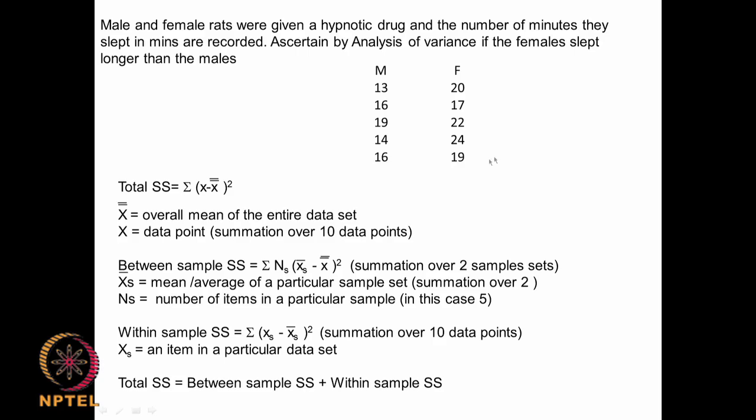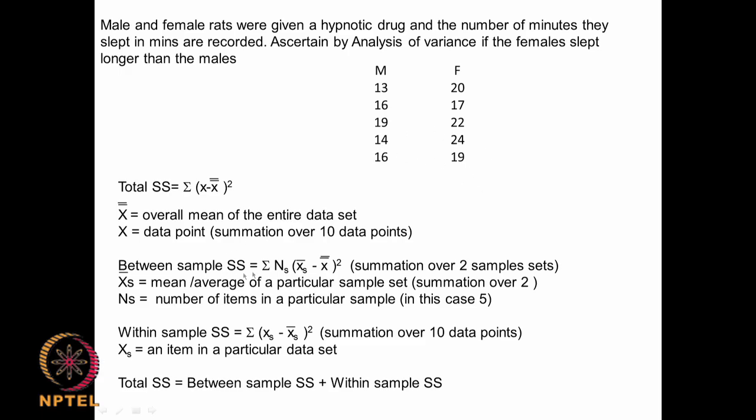X double bar is the global mean. So we will say 13 minus global mean squared, 16 minus global mean squared, and so on. That will give you the total sum of squares. The degrees of freedom for the total sum of squares is 9 because there are 10 data points. When we have 2 sets of samples or groups here, the degrees of freedom is 2 minus 1, which is 1.